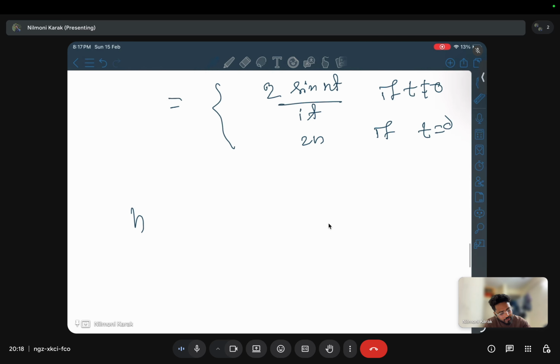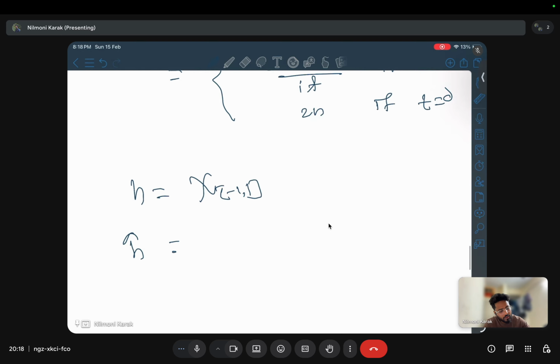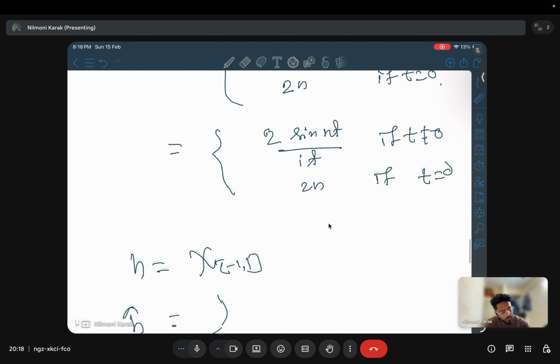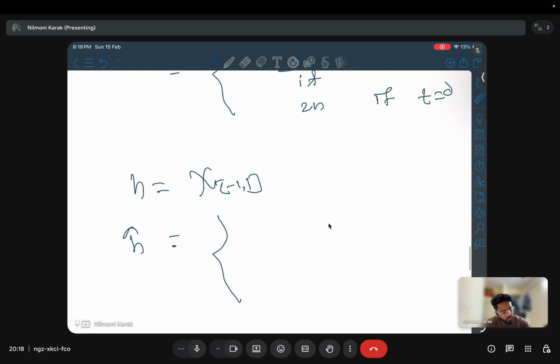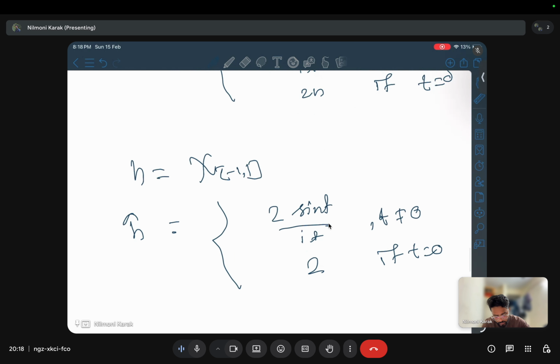And what about h? H is chi minus 1 to 1. So what is h hat? Instead of n just put 1: 2 sin t divided by t if t not equals to 0 and 2 if t equals to 0.